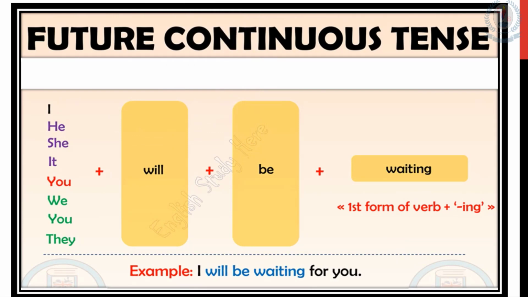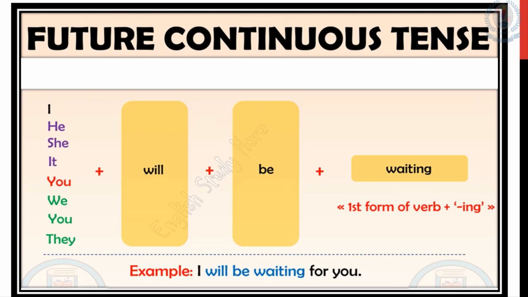From here you can see the charts given, the same pattern: positive, negative and questions. It's very easy to learn when you have a chart or a table. I will be waiting. I, subject, will be, verb with ing.